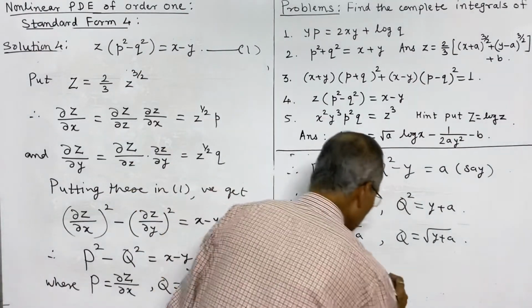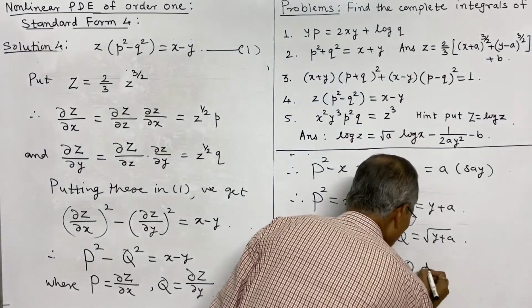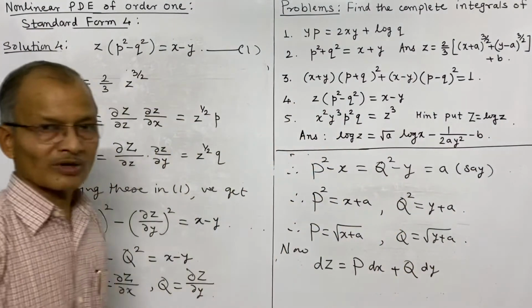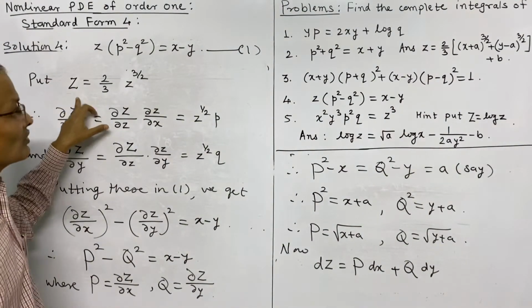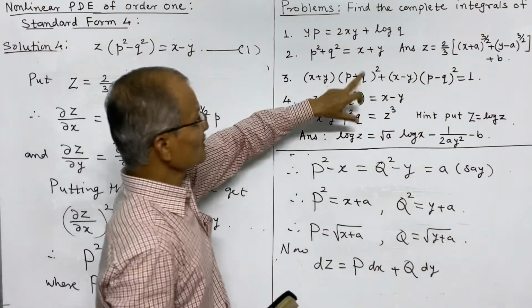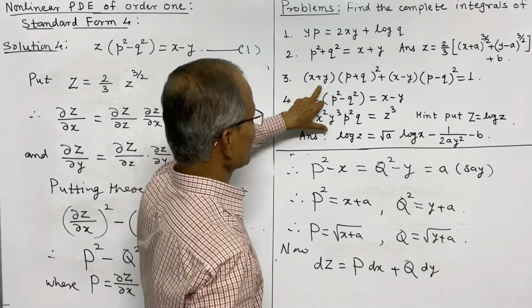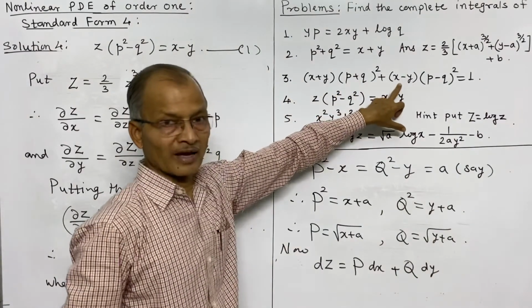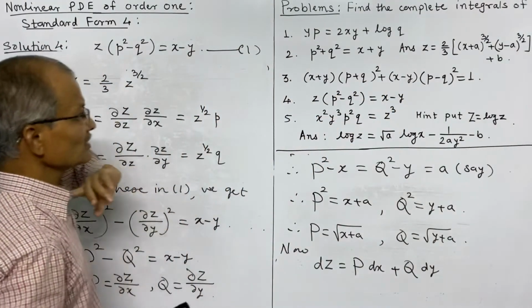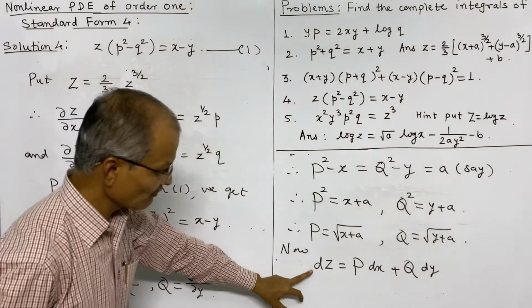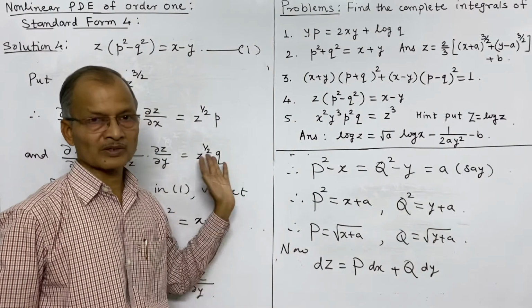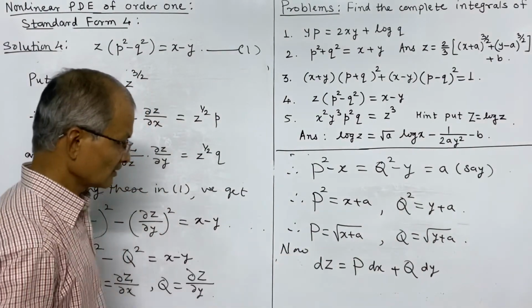P into dx plus Q into dy. Earlier was different, that we have not used the capital Z. We have used the substitution for this function: x plus y is capital X and x minus y is capital Y. But here the substitution is different, that it is used for capital Z, and therefore the equation will be of this type. You note the difference in earlier substitution and this substitution.